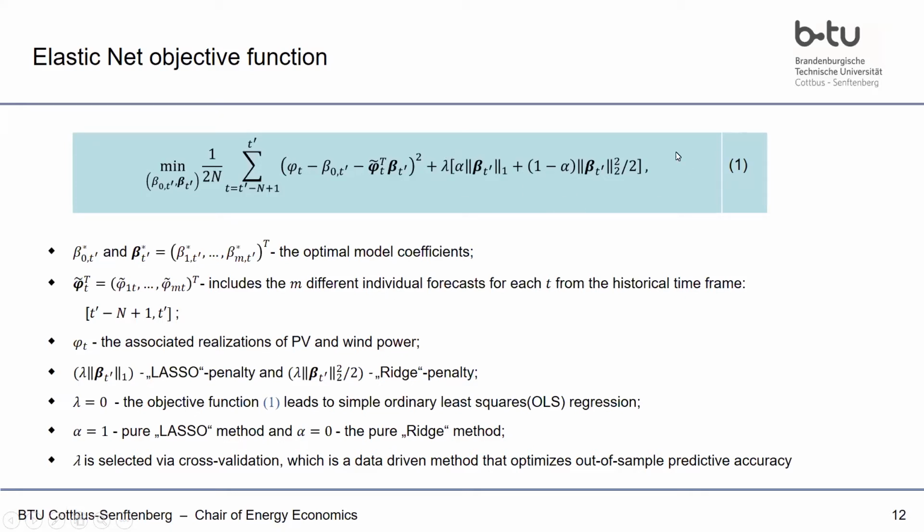We have here this additional penalty term. If lambda is set to 0, this penalty term disappears, and we are basically back to simple ordinary least squares estimation, where we minimize the distance between the realization and the forecast, so we minimize the squared distance. But in our estimates, we find that lambda is statistically significantly different from 0, so we have this penalty term, which is, as I mentioned, a combination of the lasso and the ridge penalties.